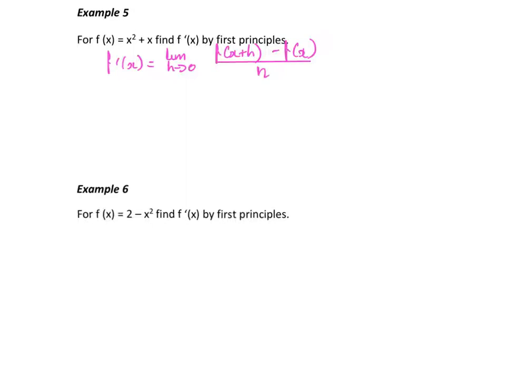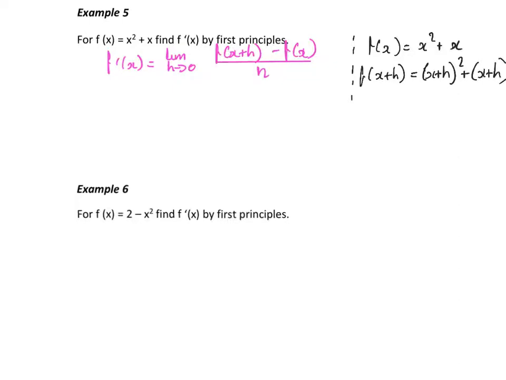So coming over here and doing some working, we know f of x is equal to x squared plus x, because that was given to us in the question. So what is f of x plus h equal to? Well, wherever you've got an x, you're going to put x plus h. So x plus h all squared plus x plus h.